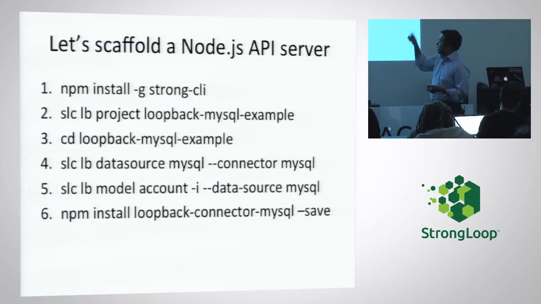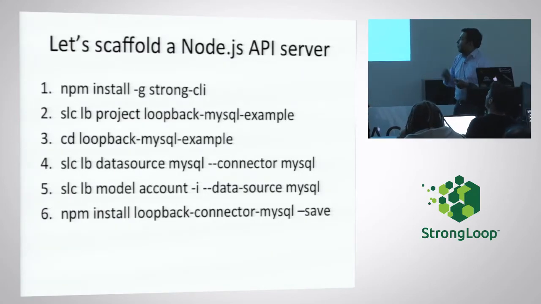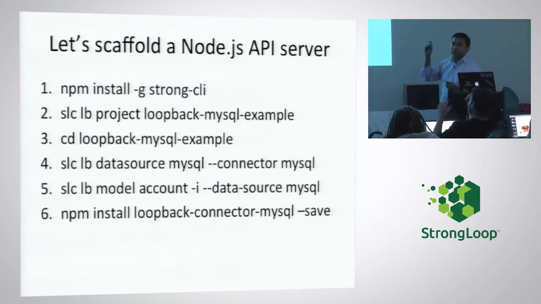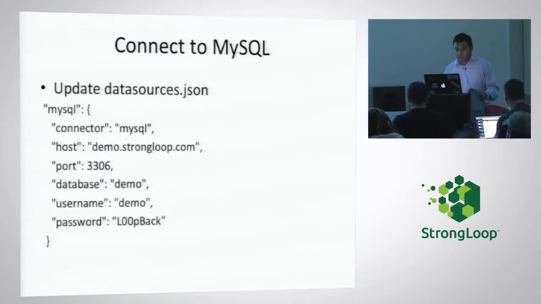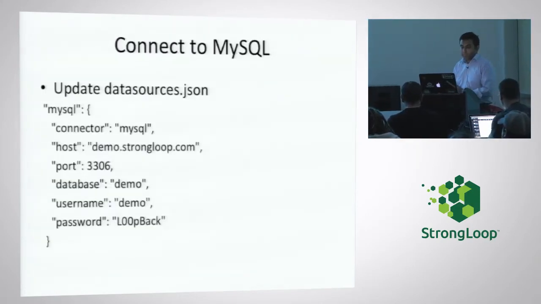I'm going to create a project. I'm going to create a SQL connector, okay? And then in that SQL connector, I'm going to point it at a data source, an actual MySQL server. We'll create a model of account data interactively, and then we'll show how you can surface it on the front end. Okay. All right.